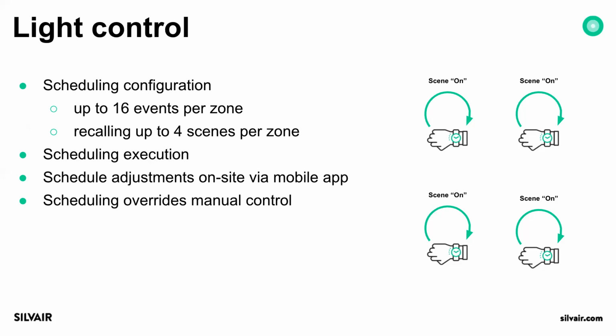Because of this decentralized approach, each device executes its events individually. So each device tracks the time, and when it is time to execute particular events, each individual node just executes them.